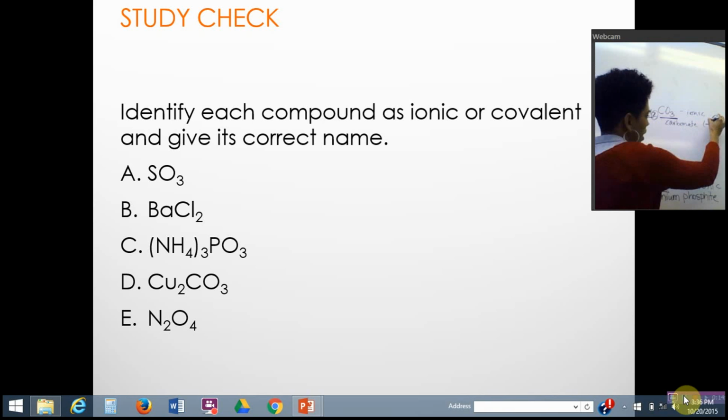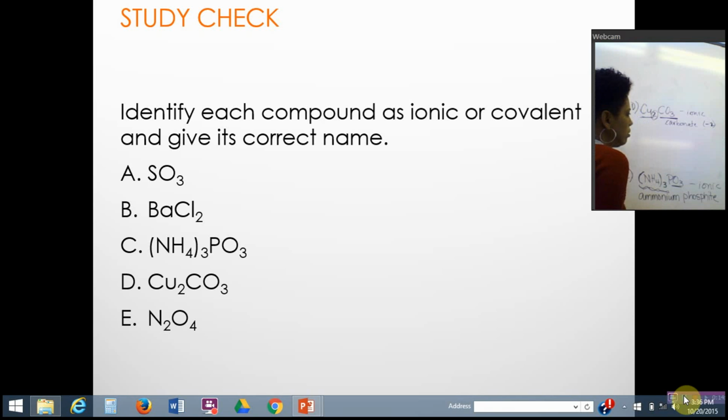I'm sorry, it has a -2 charge. Yes, it does. It has a -2 charge. So that tells us why we have this Cu2. So if carbonate is a -2, and I need 2 coppers, then that must mean that I've got copper 1.